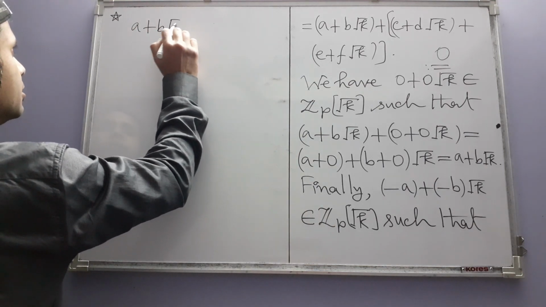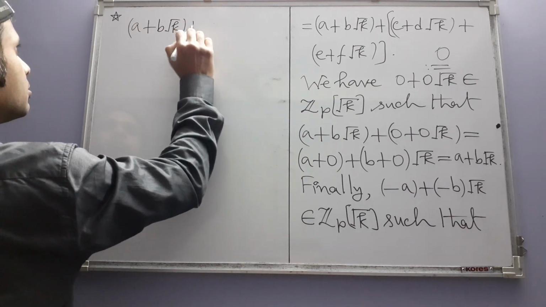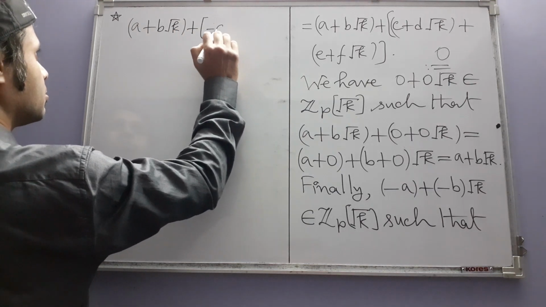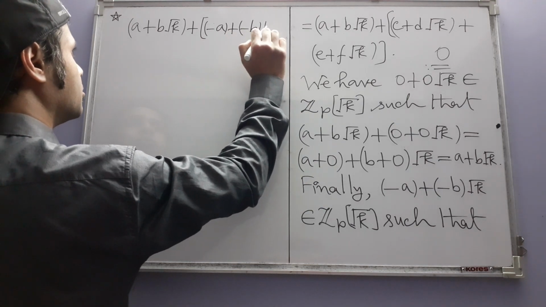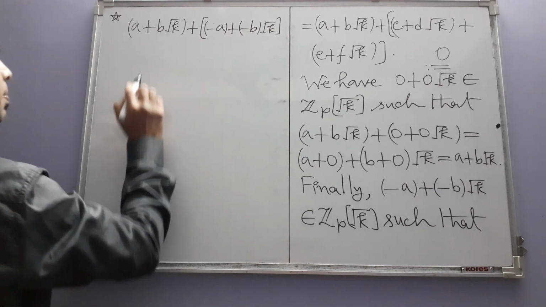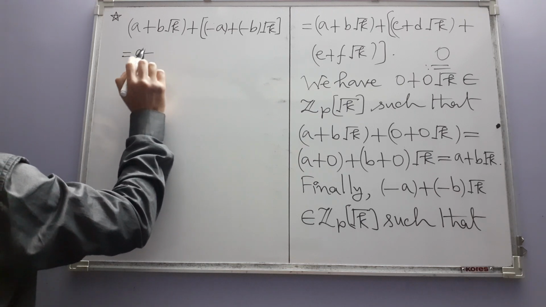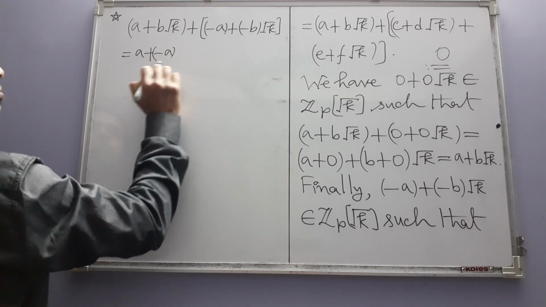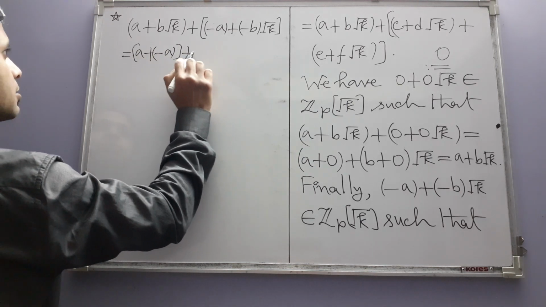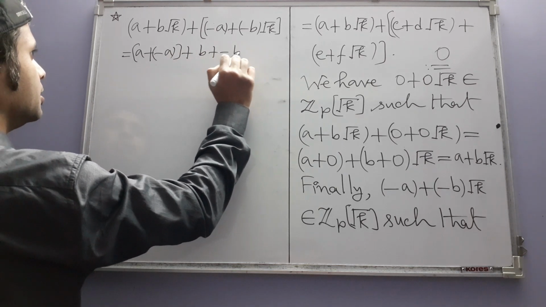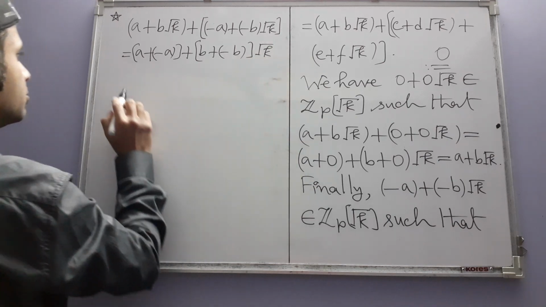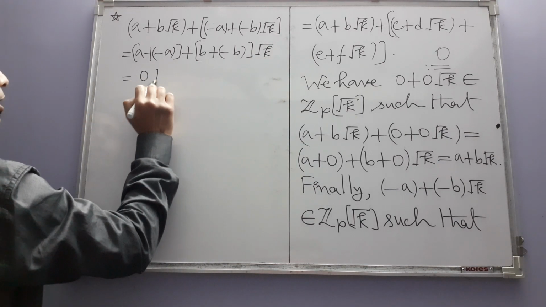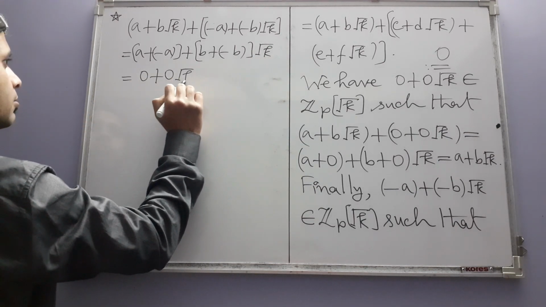a plus b root k plus minus a plus minus b root k is equal to a plus minus a, plus b plus minus b, root k, and that is 0 plus 0 root k.